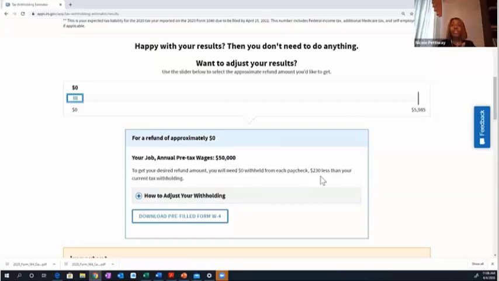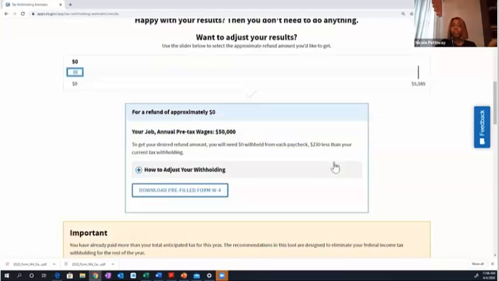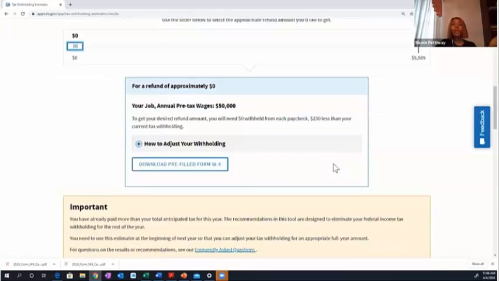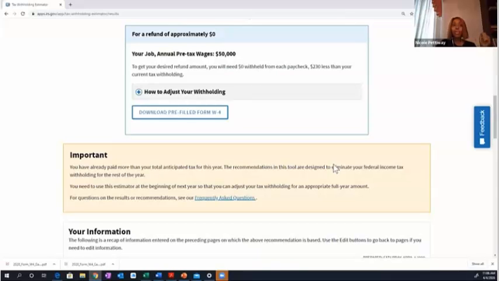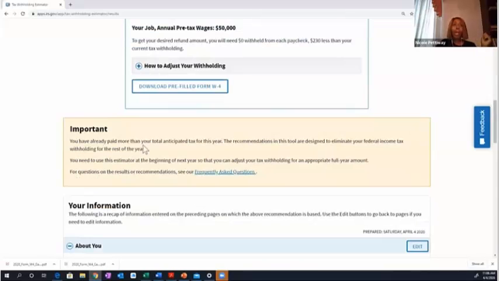Now, this begins the step of income shifting, right? Because now she's going to see more money. But get this, we're in April, right? So we're more than a third of the way through the year. Well, she's been overpaying. So look at this note and make sure you pay attention to the notes here. It says, hey, you have already paid more than your total anticipated tax for this year.